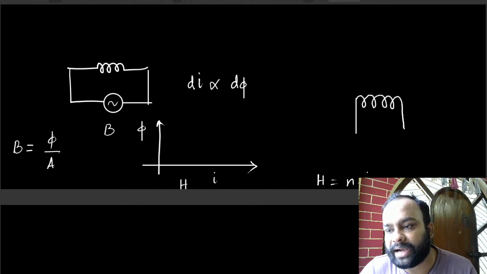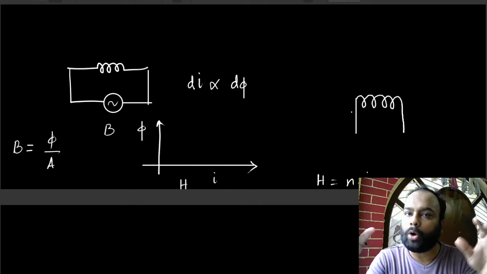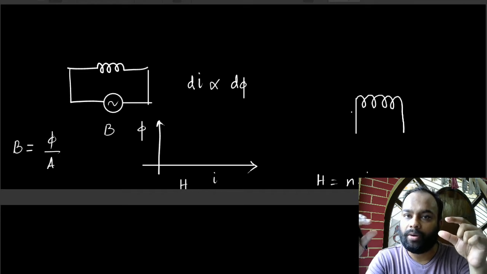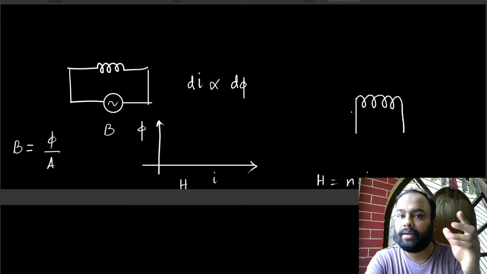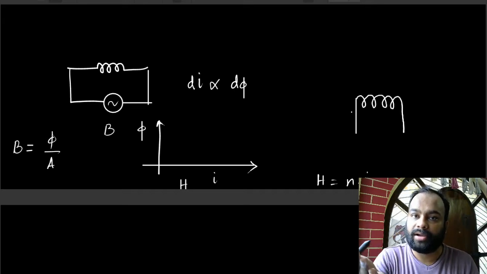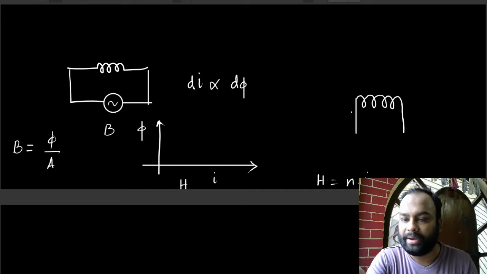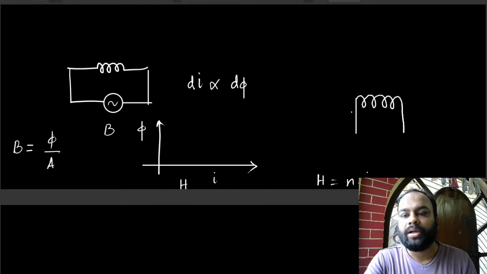If this was an inductor without any ferromagnetic core, for example an air core inductor which has very low inductance, then the characteristic would have been linear. For air or vacuum, the relationship between φ and I is linear.